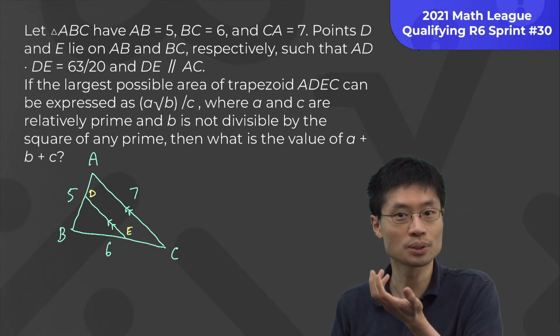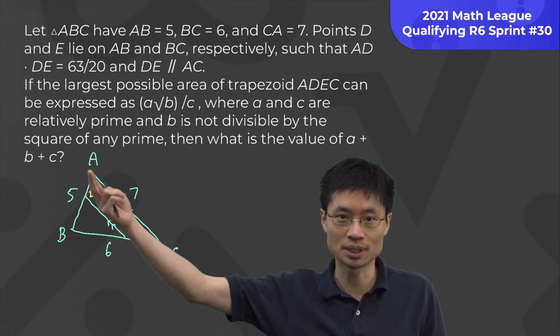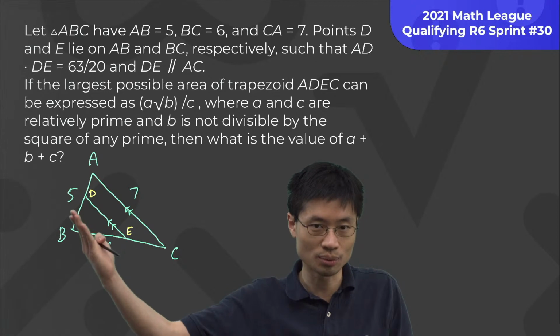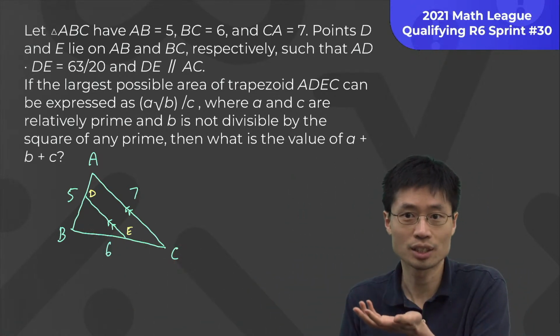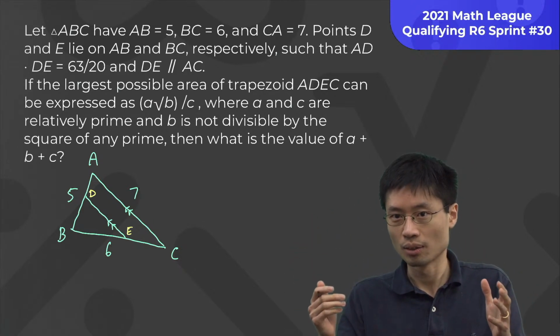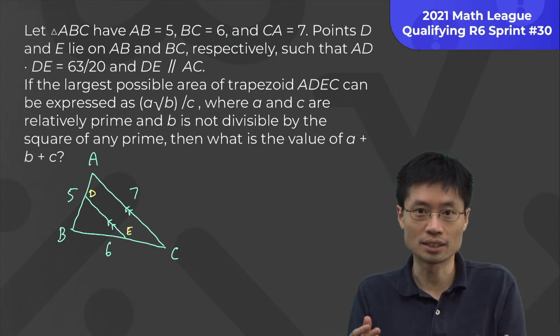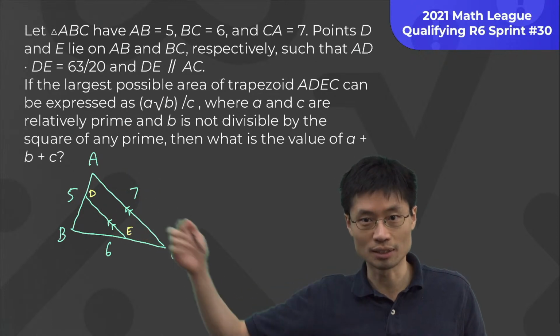And I'm also supposed to get this trapezoid as big as possible. Well, if I want it to be as big as possible, since that 7 is fixed, I just want this DE to be squished as far out this way as possible. So I guess now I've actually got to go and parametrize this. Let's choose a variable that's convenient and then decide what I could do to find out all of these different lengths.